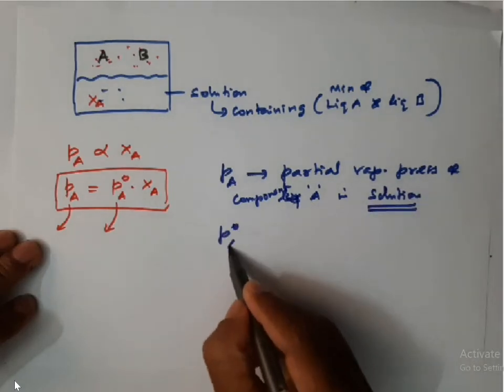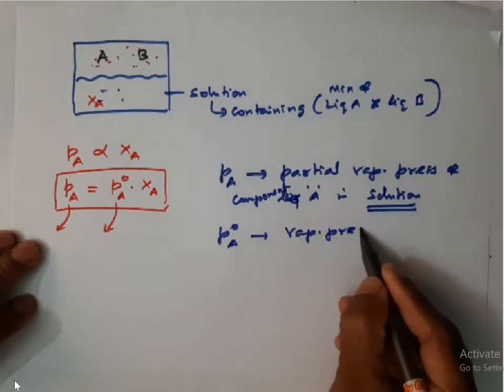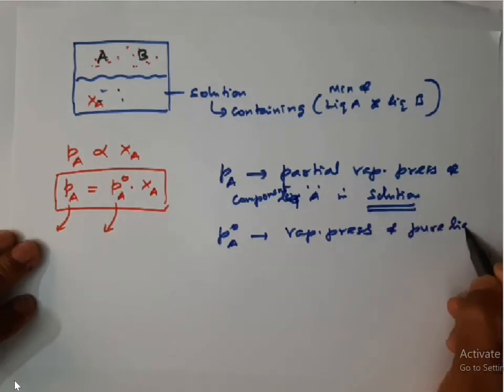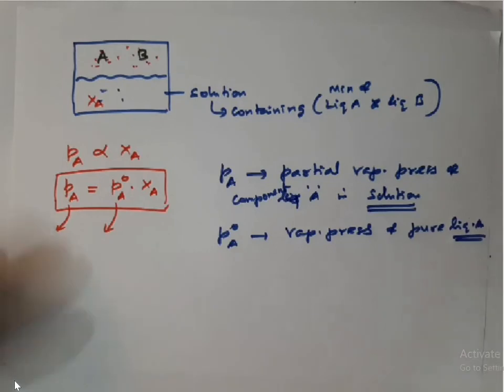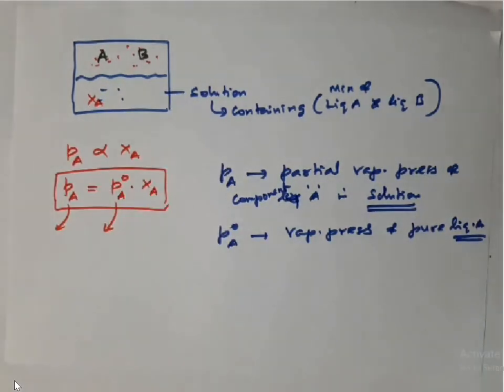Whereas P naught A, it is not partial, it is pure. So P naught A is the vapor pressure of pure liquid A. It is not a solution. So this is what is called Raoult's law.